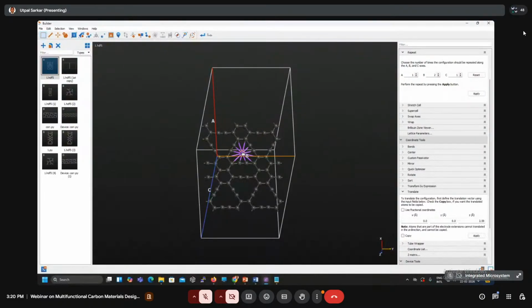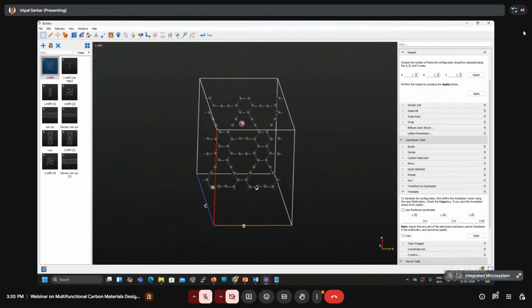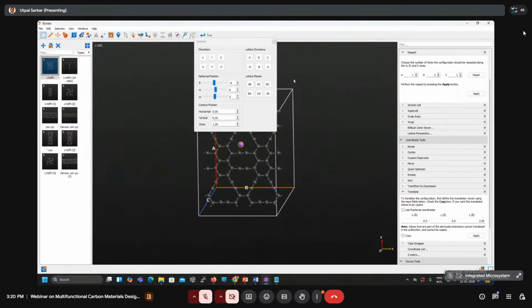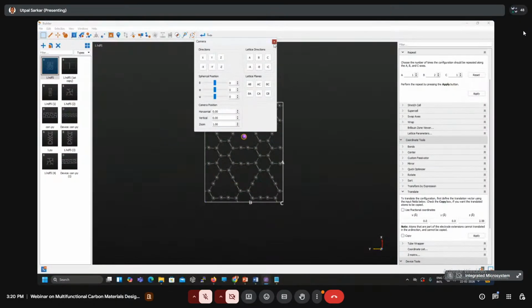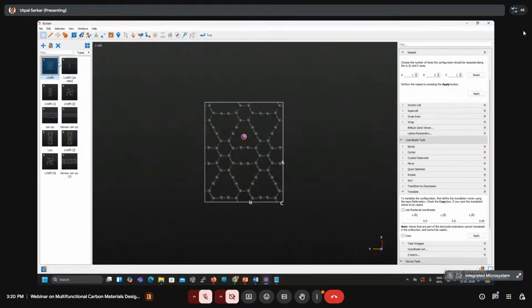For this, you have to select the potassium ion. Okay, the input is ready for a single potassium ion.